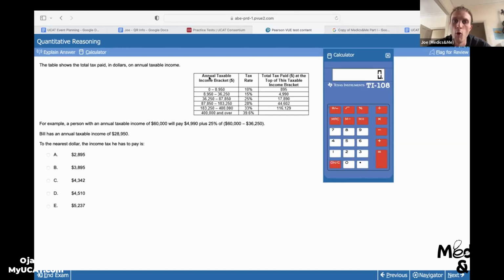So remember that people fall across tax brackets. So the first £8,950 you earn, you pay 10% tax. And then any money you earn over 8,950 up to 36,250, you pay 15% tax. So it's remembering that no one falls into one single tax bracket. You fall across the tax brackets and you move upwards like this.